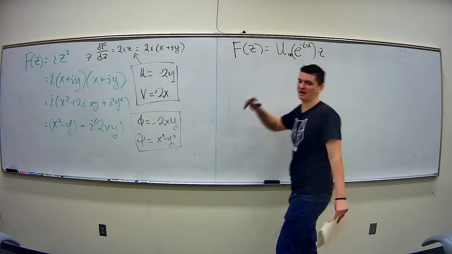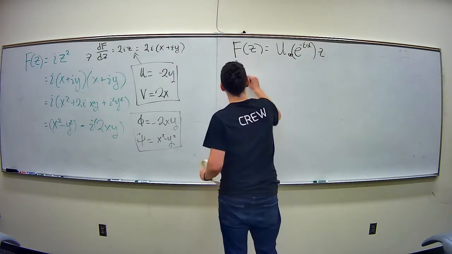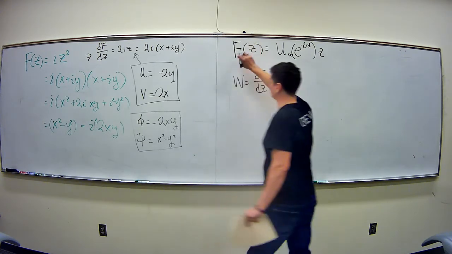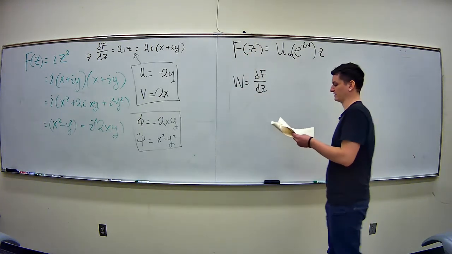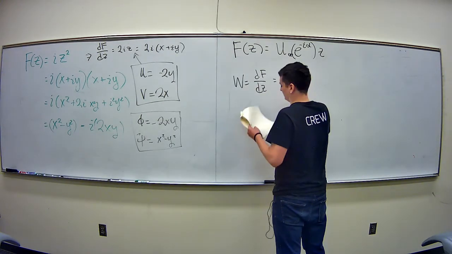Let's just write down some f's and see what they do. This one's pretty cool. So now the w here, the complex velocity function from the derivative.